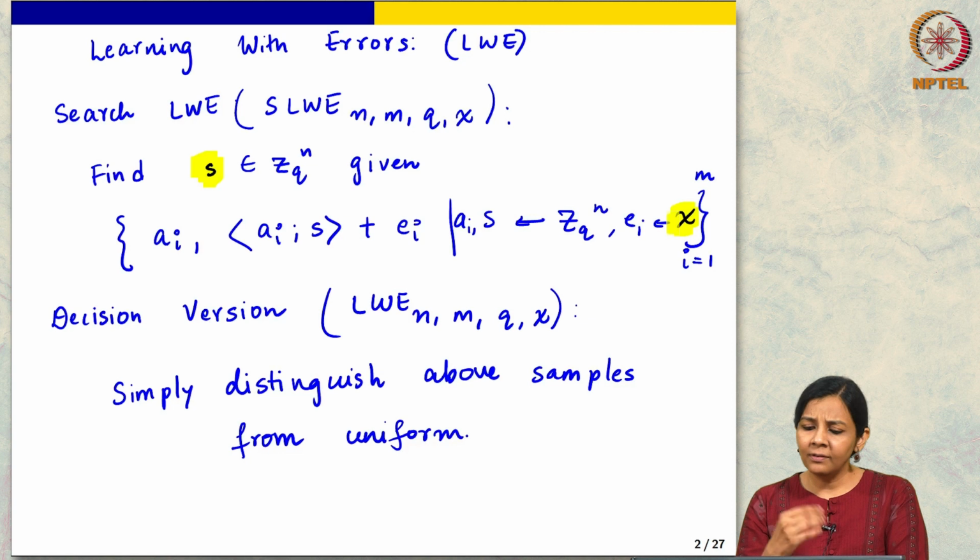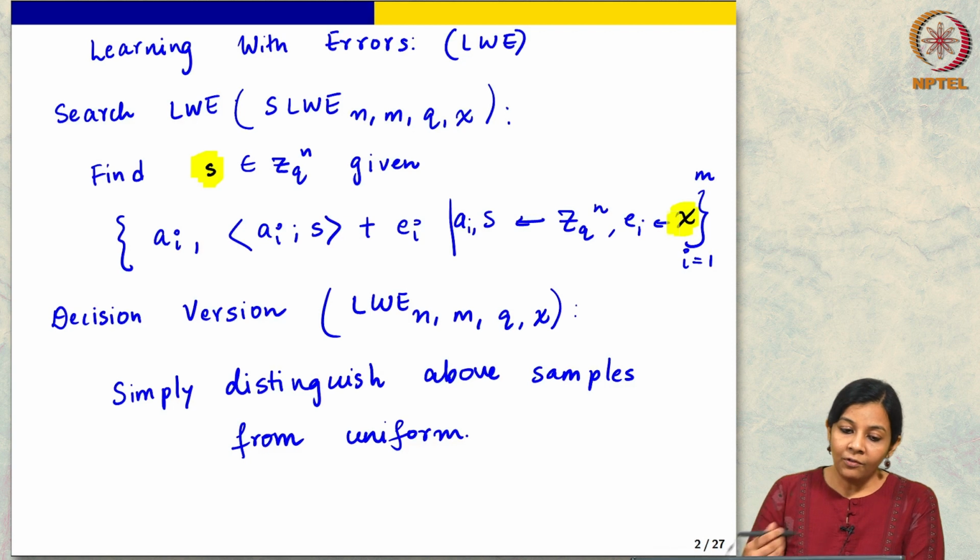This is just for your knowledge, but we will not really use any properties of it in what we do in class, except the fact that with overwhelming probability we expect the norm of this to be bounded. We expect the norm to be small.